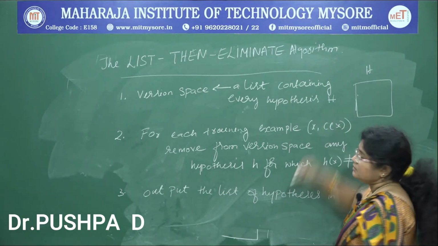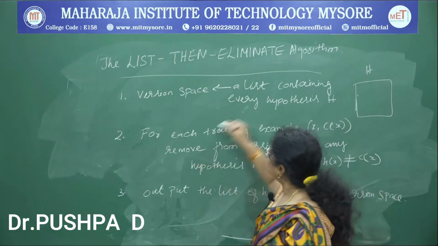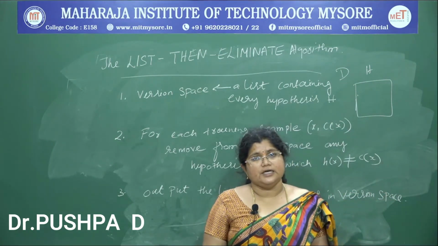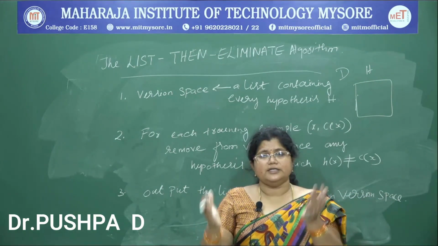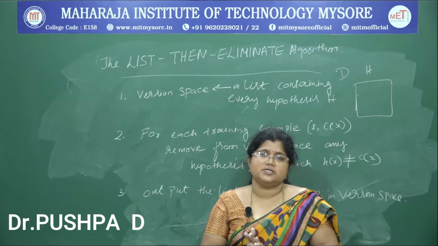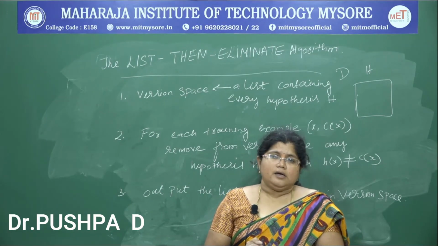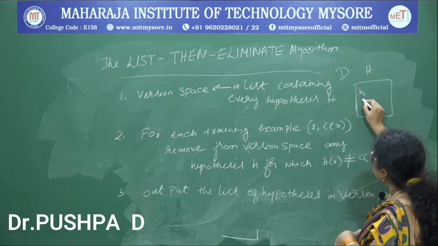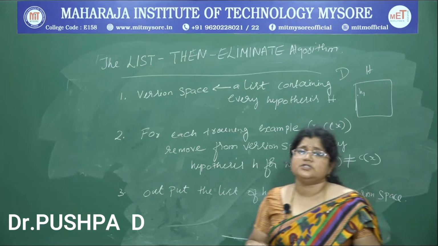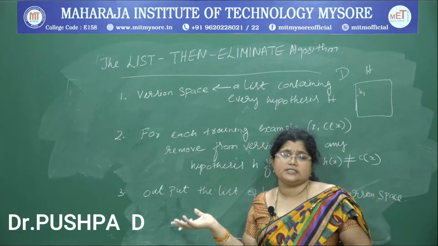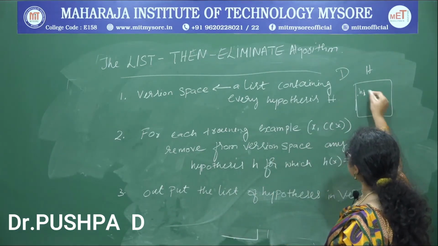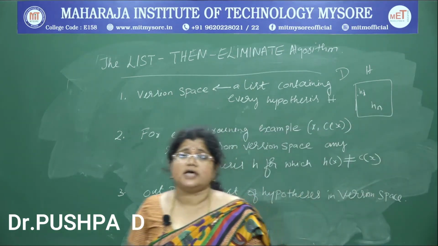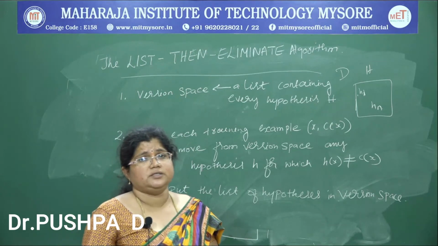Based on the data set D, it collects all the attribute values and members of the data set, and then generates the maximum number of hypotheses it can. It generates all the hypotheses, n number of hypotheses, inside the version space.